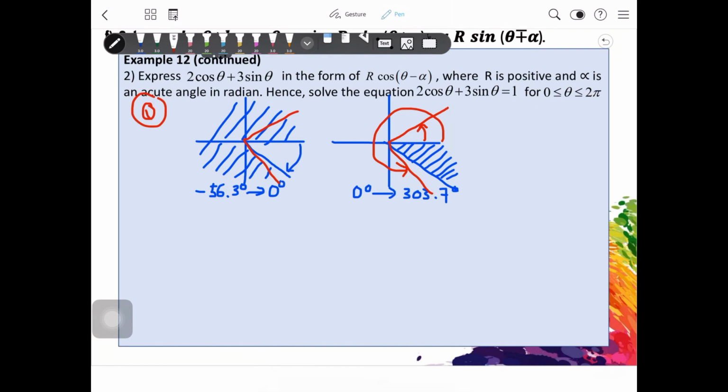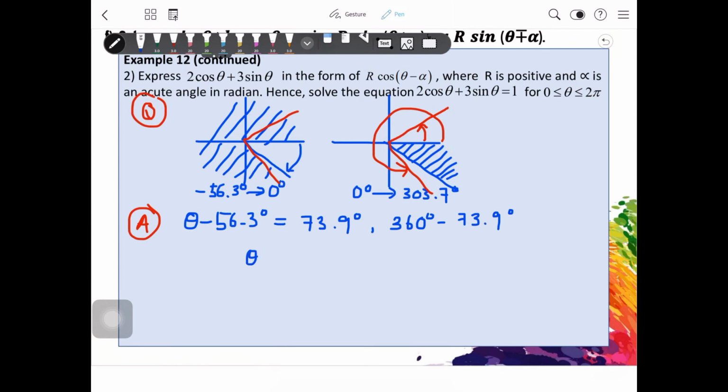So for our answer, we're going to write down theta minus 56.3 degree is going to be 73.9 degree, and also 360 degree minus 73.9 degree.